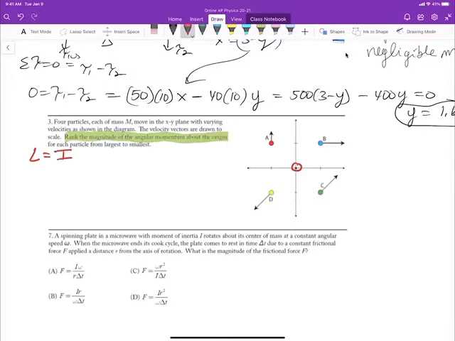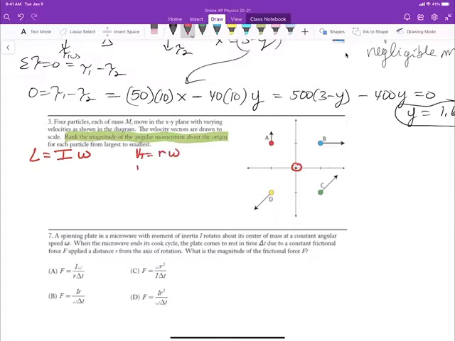The equation for angular momentum is its rotational inertia, which is its mass, times its angular speed. I don't have angular speed. I was given its linear velocity vectors. So I have to use a bridge equation. Vt equals the radius times its angular speed.